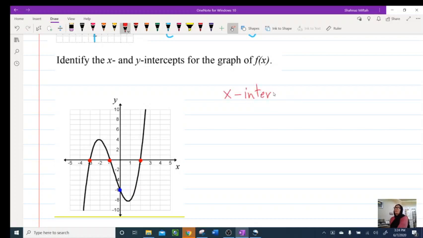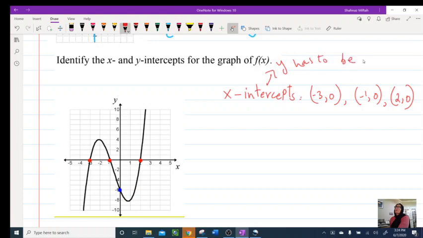The x-intercepts are -3, 0, -1, 0, and 2, 0. If you pay attention, I have 3 x-intercepts. An x-intercept is where the graph crosses the x-axis, and your y has to be 0 for the x-intercept. Y has to be 0, otherwise it is not an x-intercept.